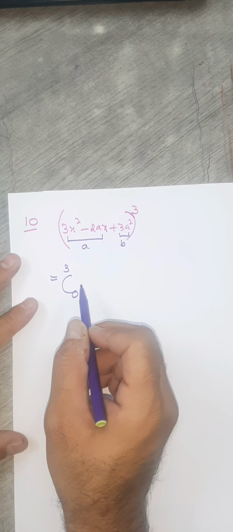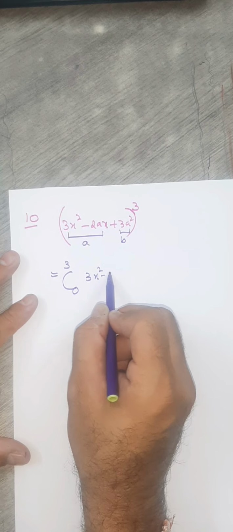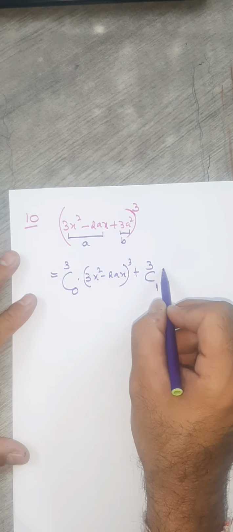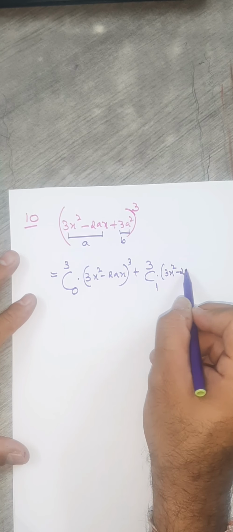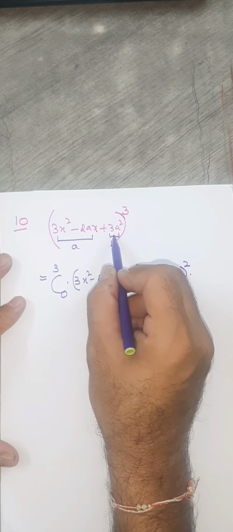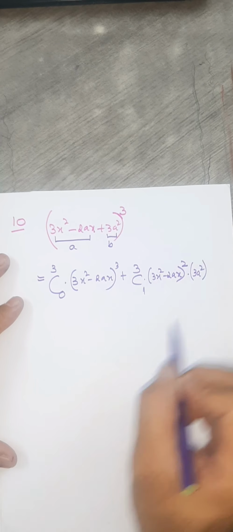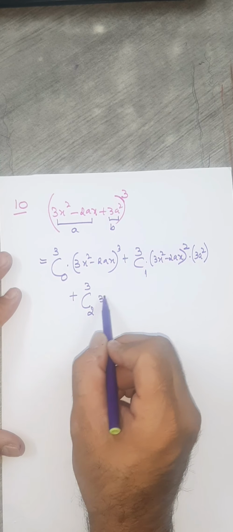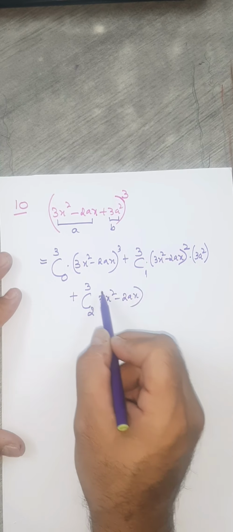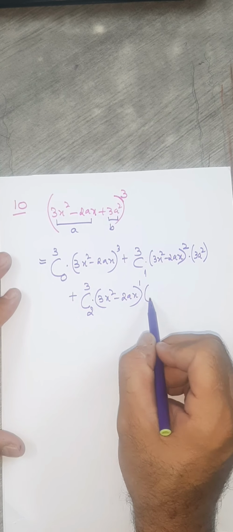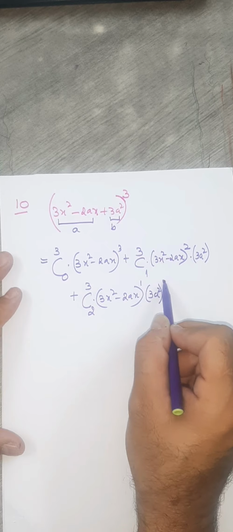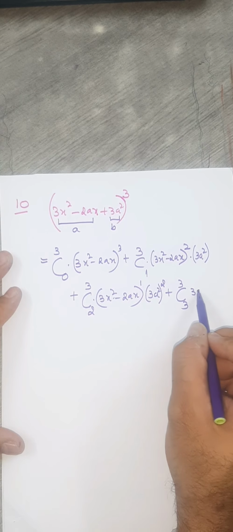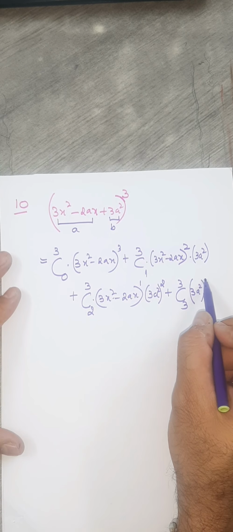So 3c0 3x squared minus 2x the whole cube, plus 3c1 into 3x squared minus 2x the whole square into b, which is 3a squared, plus 3c2 3x squared minus 2x the whole raised to 1 into, now you have 3a squared whole square, and finally 3c3, the power of this one will be 0, 3a squared the whole cube.